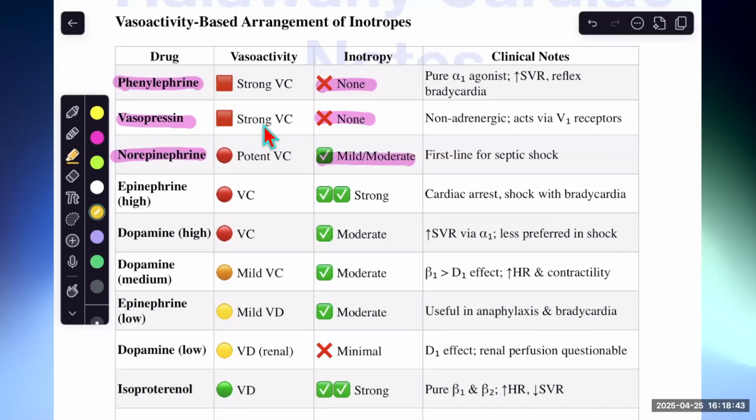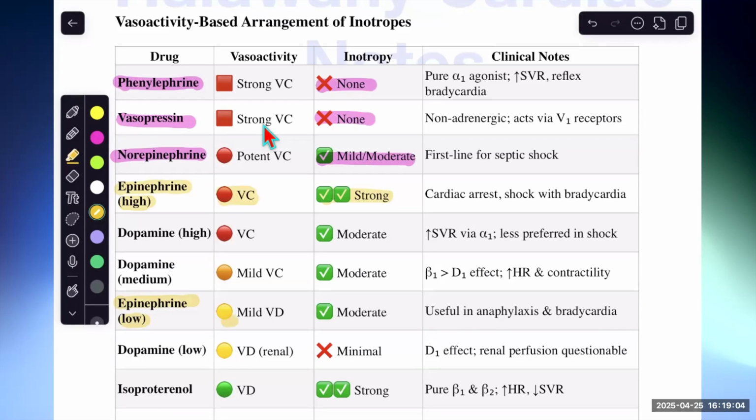Then we go to the masterpiece, epinephrine. Epinephrine in high dose is mainly alpha, so it has strong inotropy but also strong vasoconstriction, of course less than noradrenaline.